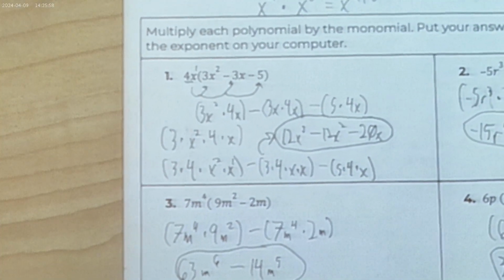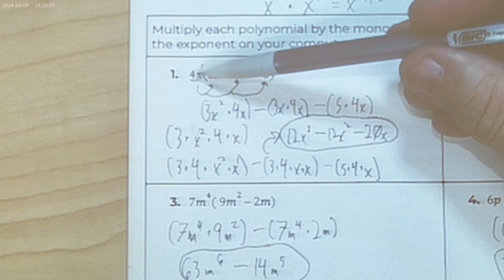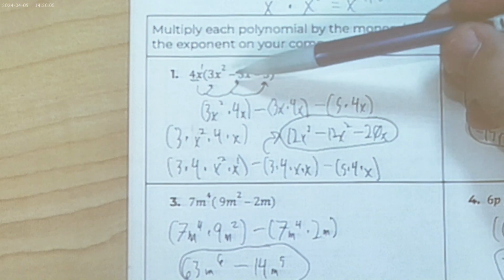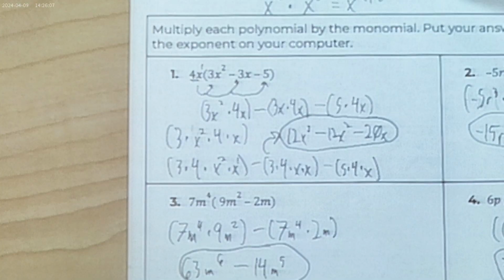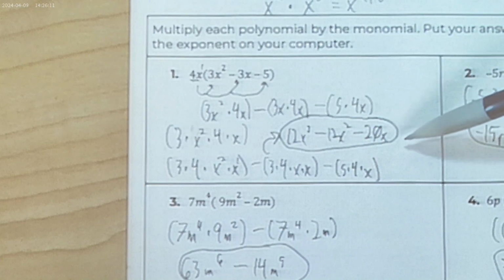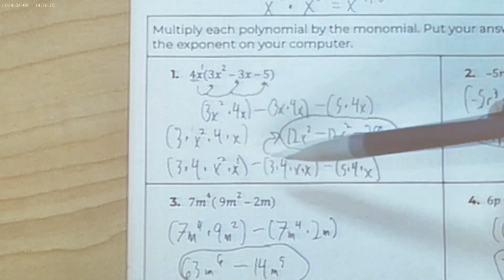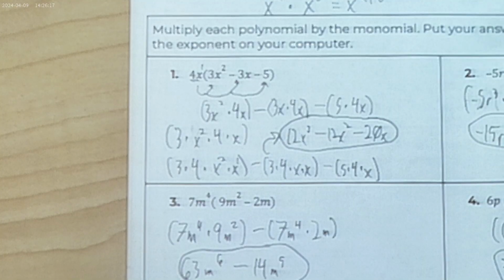So remember when you're starting out and you're doing the distribution, if you have a number on the outside of a parentheses, you have to apply that number to every single element within the parentheses. And once you have that multiplication done, you can combine like terms.